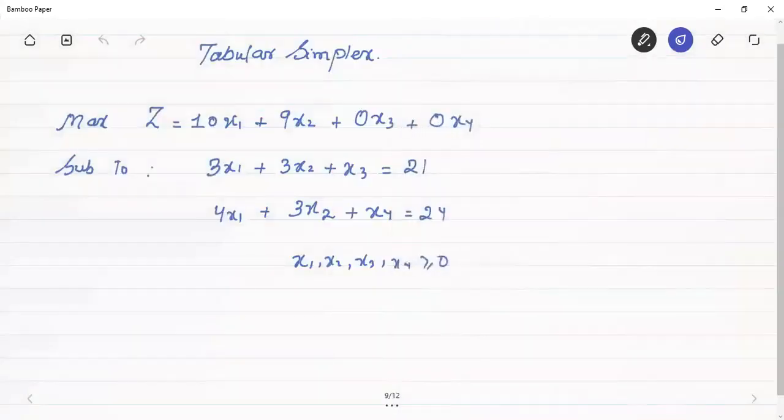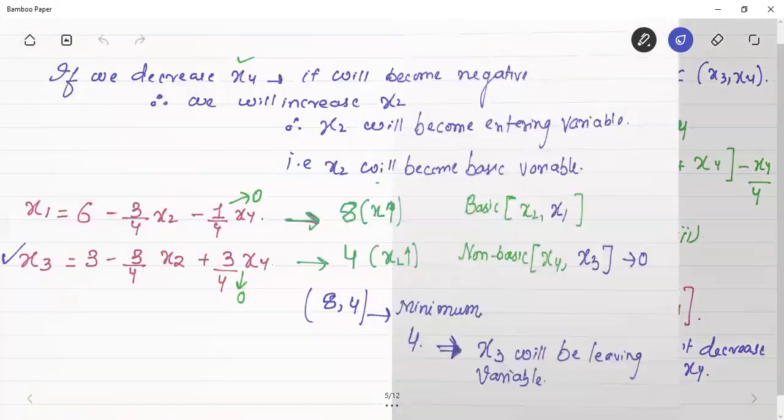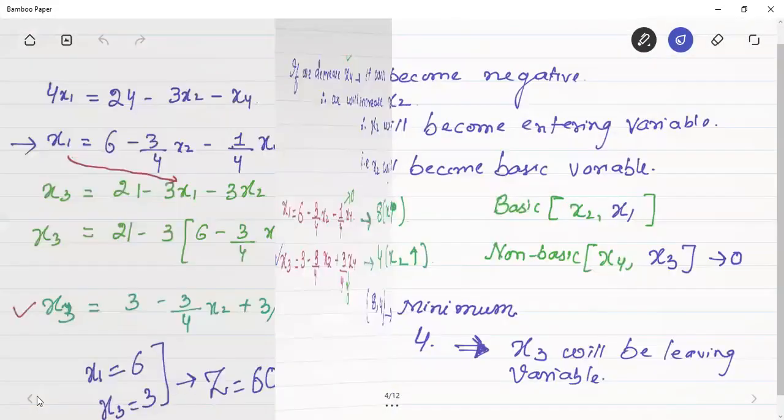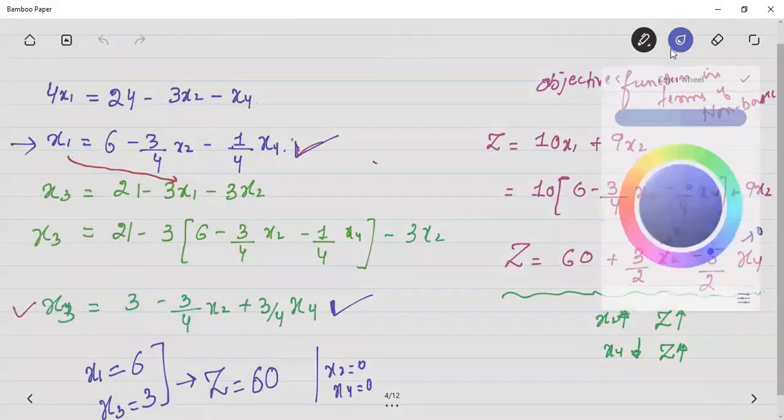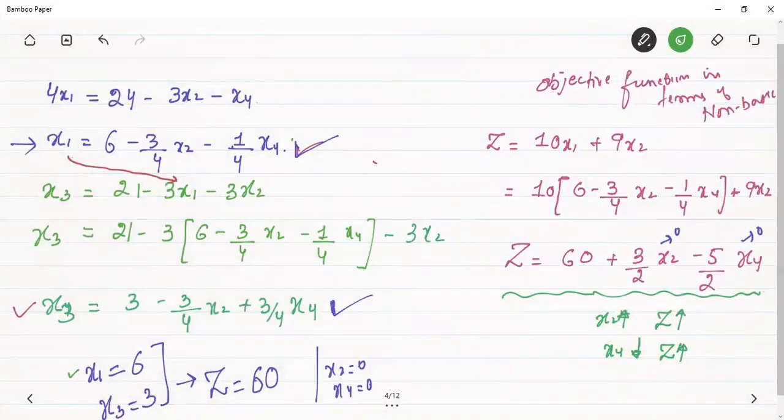And what was the solution? If we recall the previous table, yes, see this. Here you see, x1 is 6, x3 is 3, and z came out to be 60. Okay, z came out to be 60.